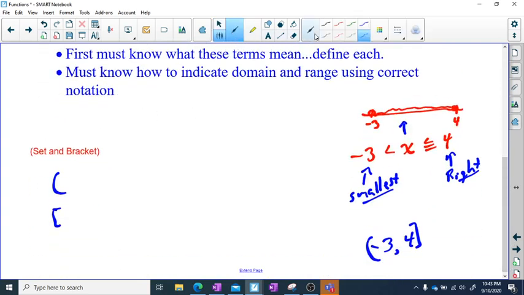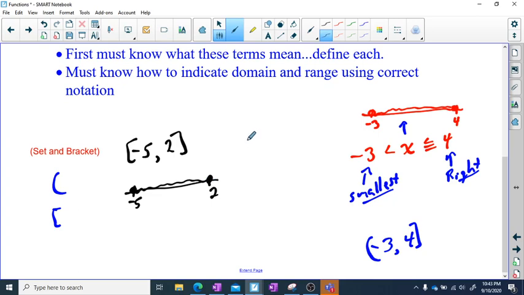What set of numbers am I talking about? So if I said -5 with a square bracket up to 2 with a square bracket, what I'm saying here is this is the set of numbers between -5 and 2, including -5 and including 2. So on a number line, -5 and 2, include it, everything in between.